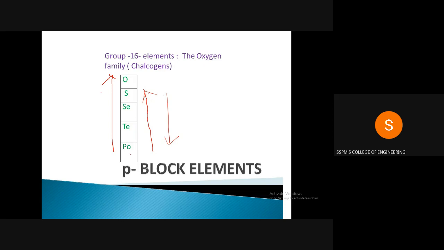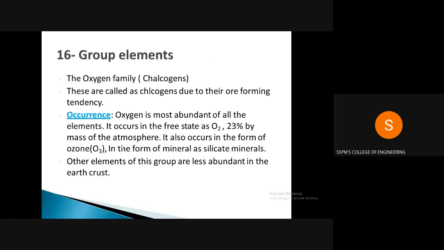Polonium has a lower melting point and boiling point than tellurium because it has weaker van der Waals force of attraction. So tellurium has a greater boiling point than polonium.